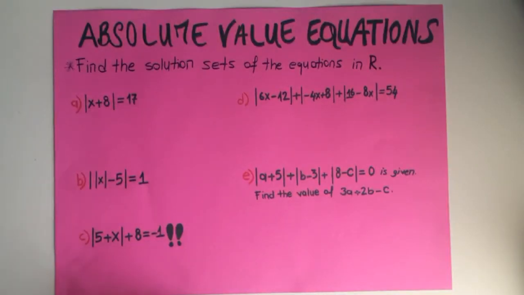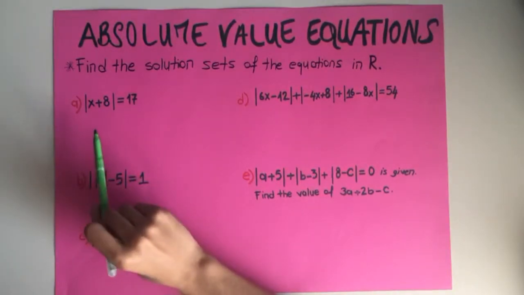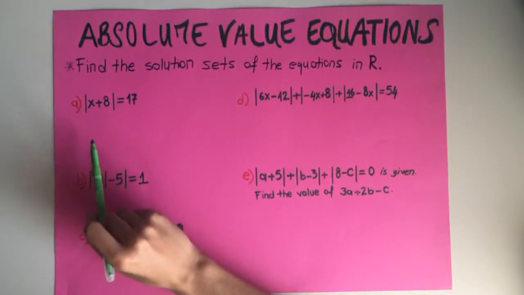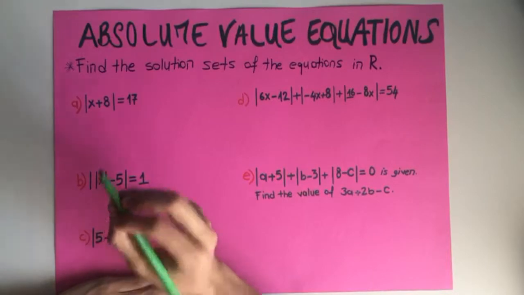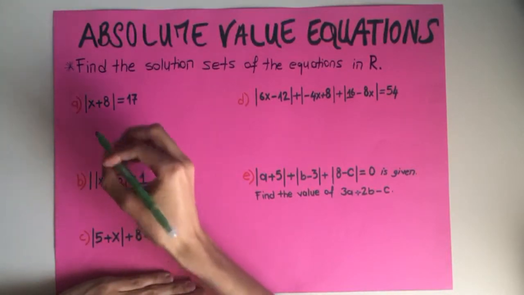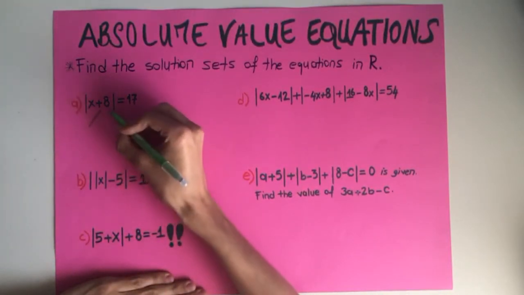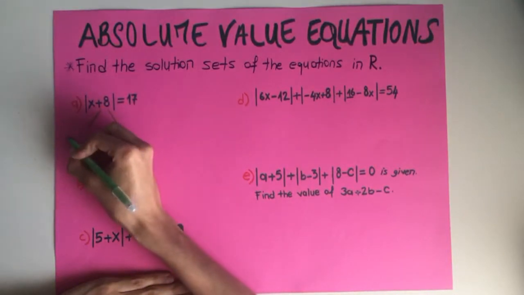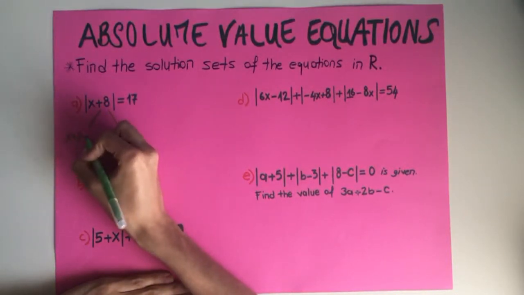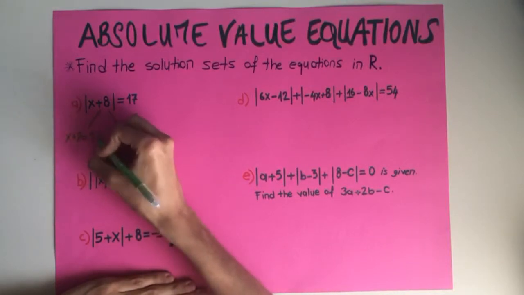Absolute value equations. Find the solution sets of the equations in real numbers. So for the A, x plus 8 in absolute value sign is equal to 17, the question says. To solve this kind of question, you must divide the equation into two parts. First of all, you say x plus 8 is equal to 17.